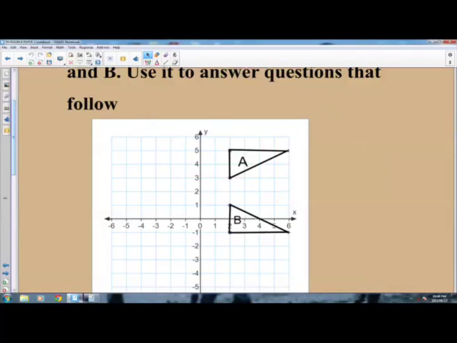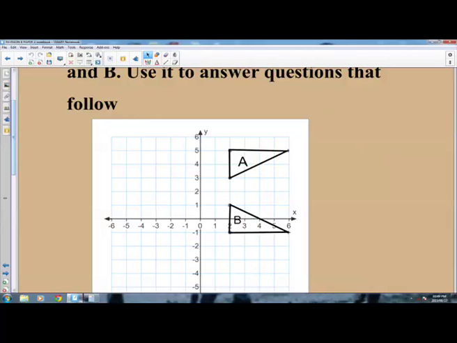So these are the transformations that we expect that one of them will be represented in the 2 diagrams over here. So let's have a look at the diagrams and check which of the transformations has been used to map A onto B. When we check translation, this cannot be translation, this cannot be rotation, and when we check enlargement, this is not enlargement, so it means we are left with reflection.